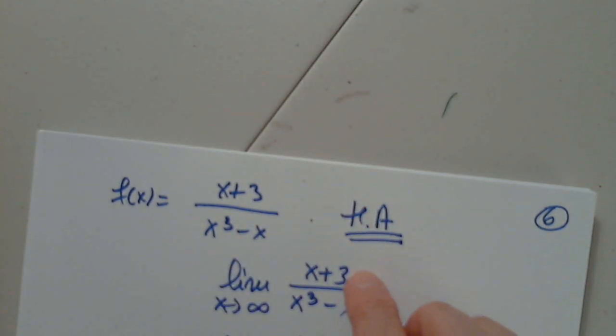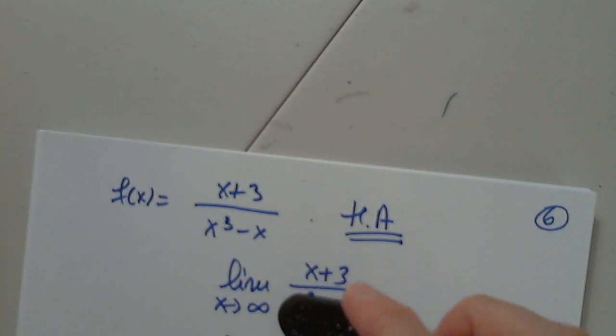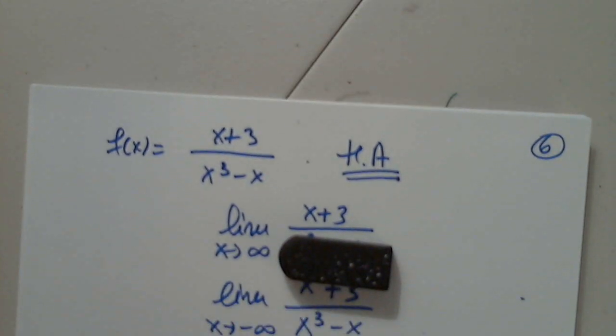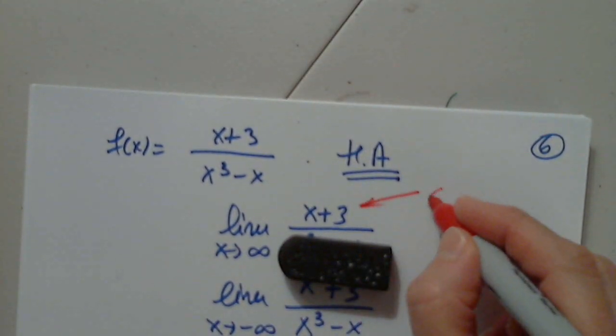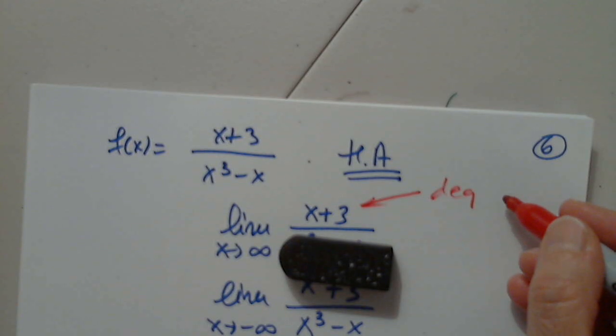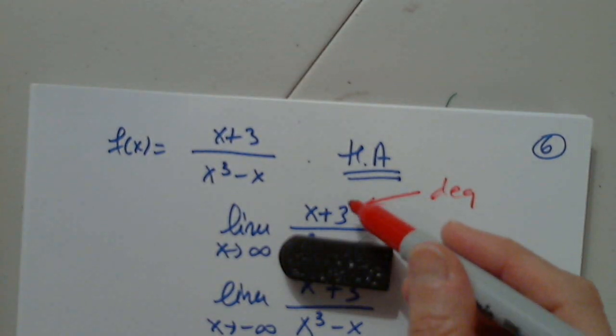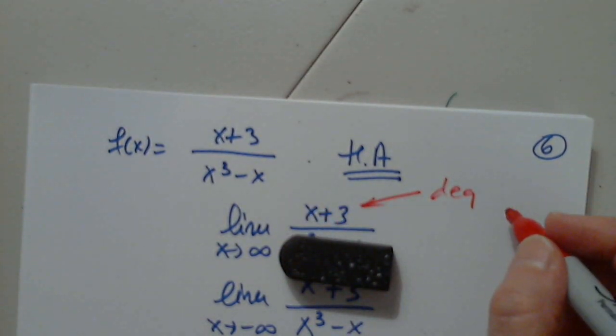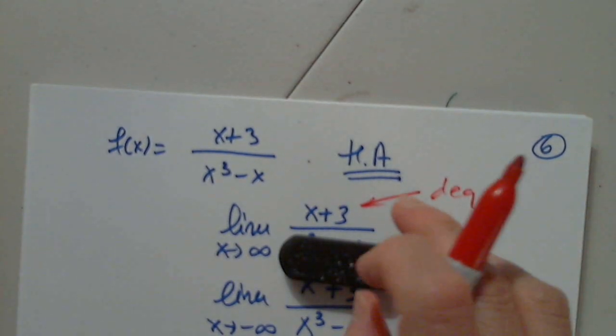What is the degree of the numerator? Can anyone give us a degree of the numerator? X plus 3, degree? First. 1, right? Perfect.